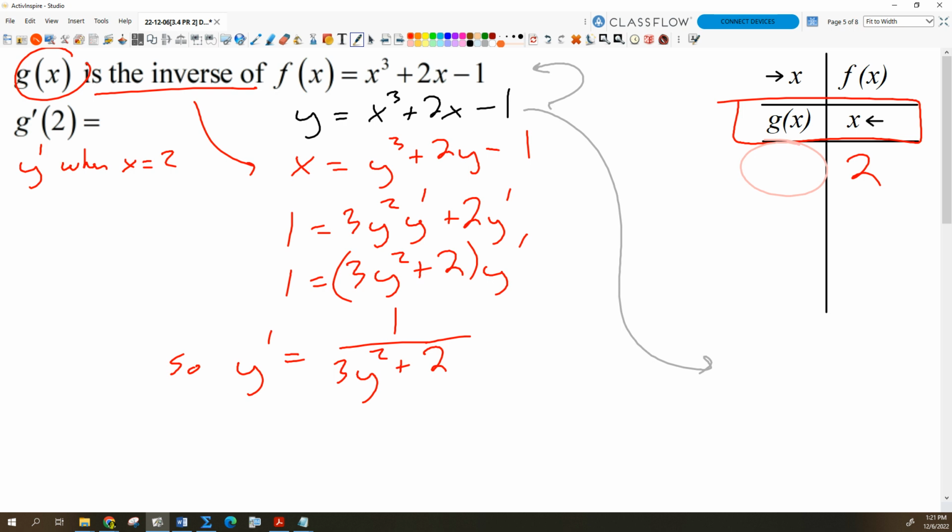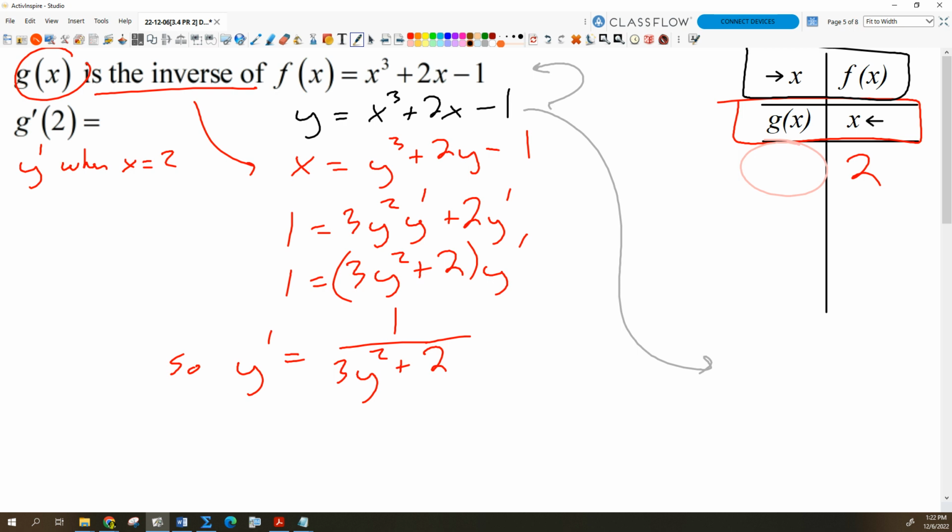Okay, so I could use the original one. In the original one, though, where we're talking about the function, about f of x, y corresponds to f of x, I would be using the top row. And 2 is the output. 2 is the value of y in the original function, and I'd be solving for x. Everybody agree?